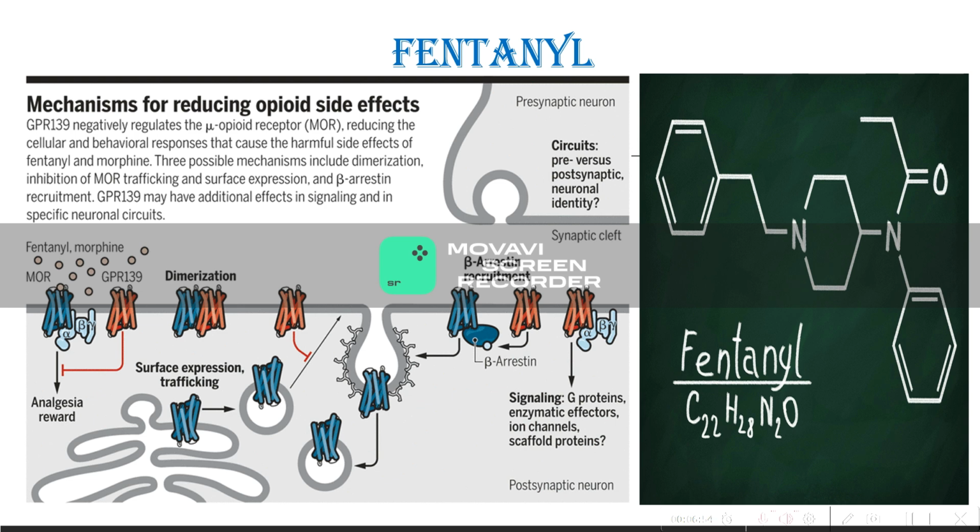Three possible mechanisms include desensitization, inhibiting MOR trafficking and surface expression, and beta-arrestin recruitment. GPR139 may also affect signaling in specific neuronal circuits.